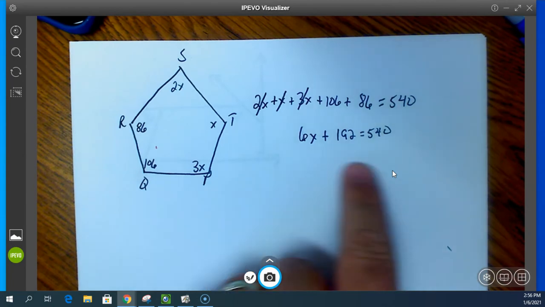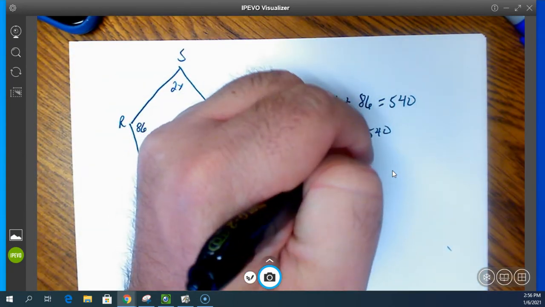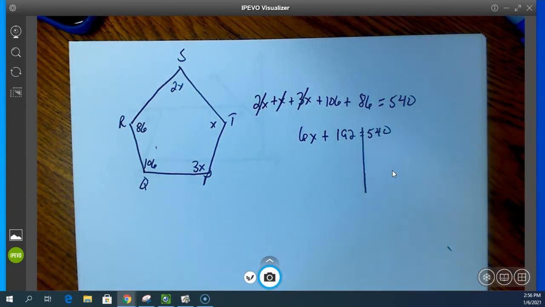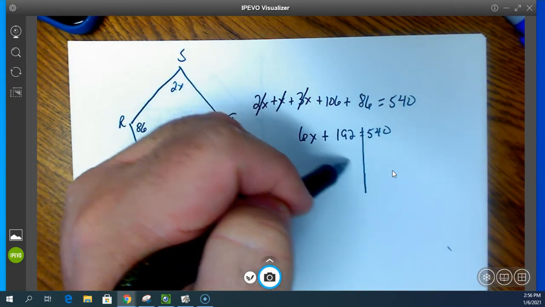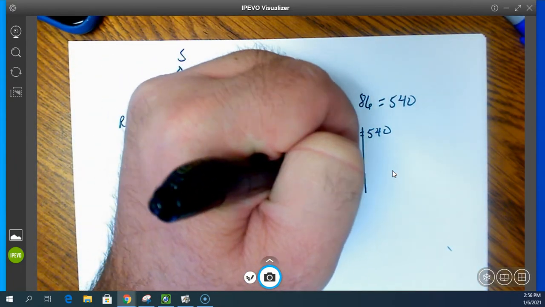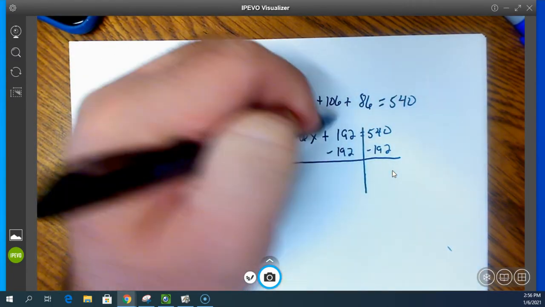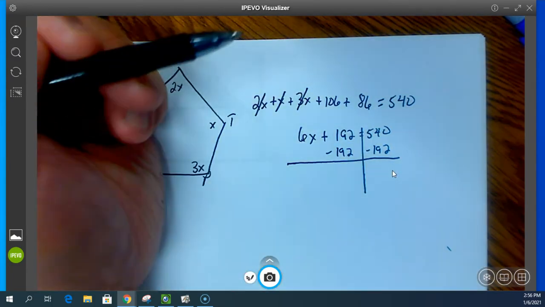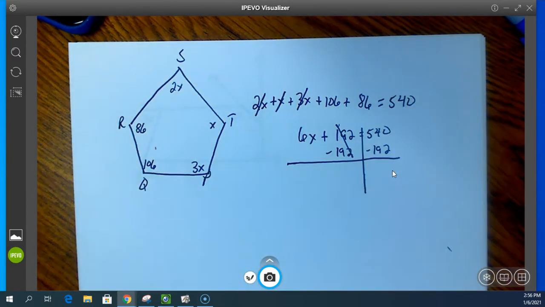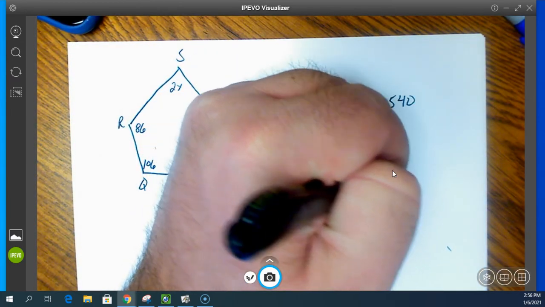So now I'm going to solve this two-step equation. First thing I'm going to do is move the 192 over. I'm going to subtract 192 from both sides. Whatever I do to one side, I have to do to the other. So that cancels out. 540 minus 192 is 348.